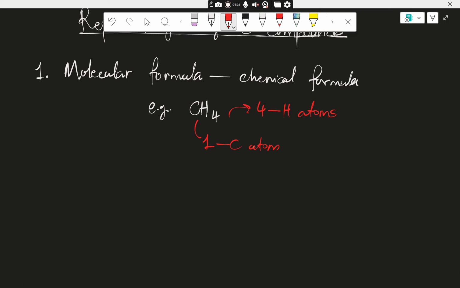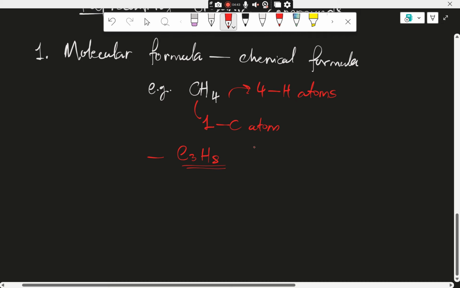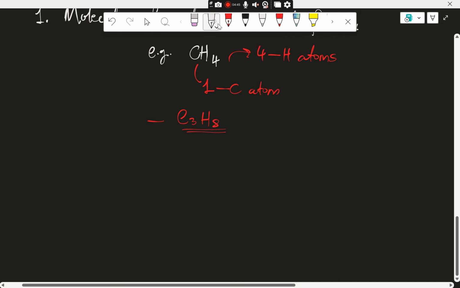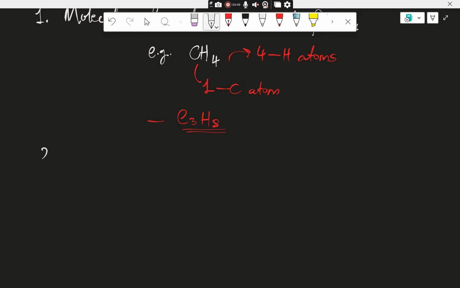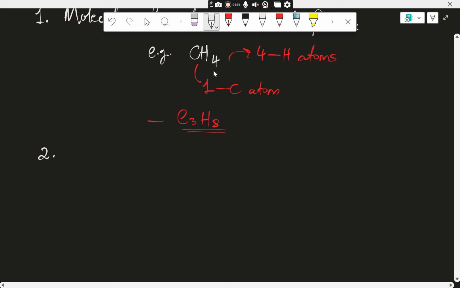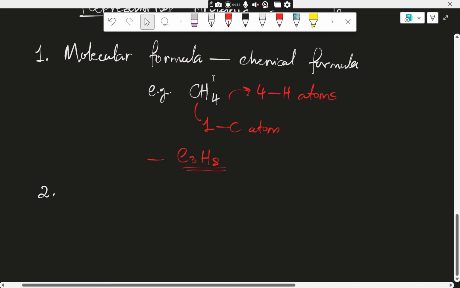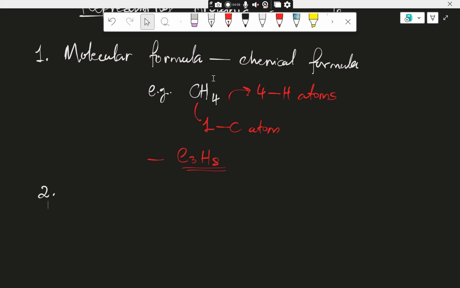Other examples of molecular formula could be C3H8, right? That's our formula. All right, so that's a molecular formula of your structure. So that's how you write it. You can represent hydrocarbons like this or organic compounds like that. So when they ask you to write the molecular formula, this is what you write: C, how many C's you have, H, how many H's you have.